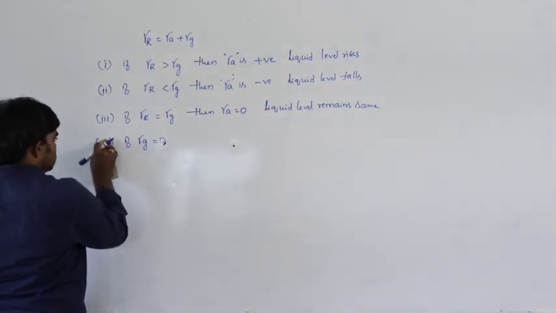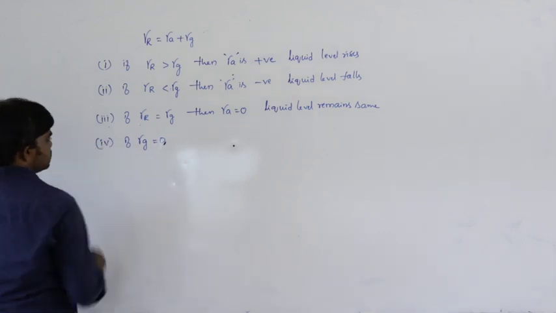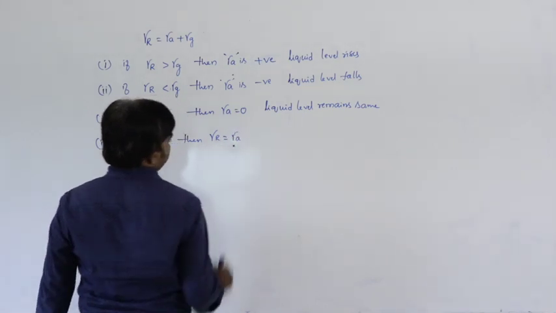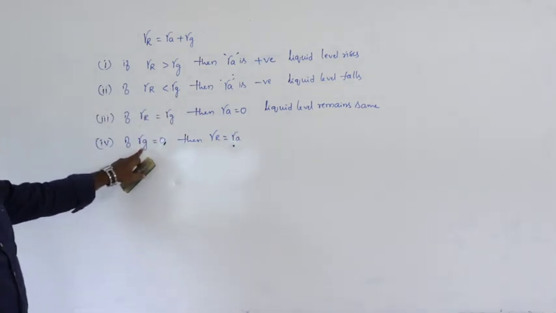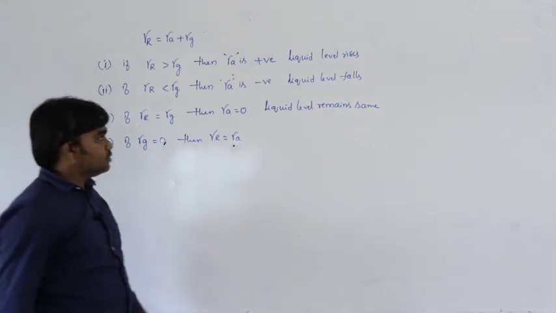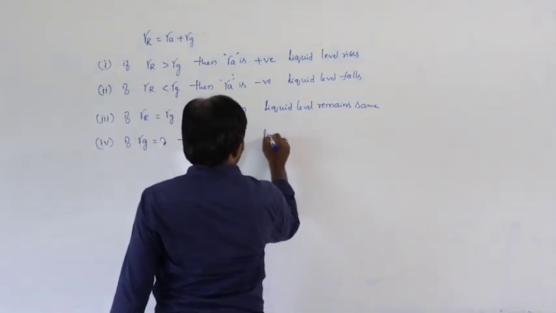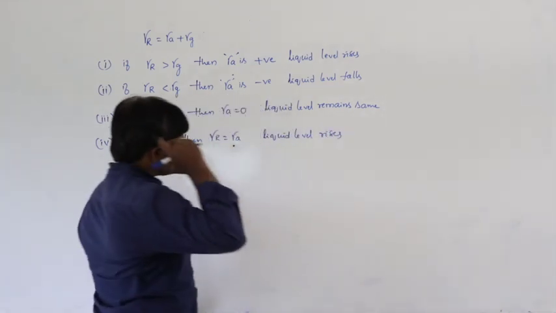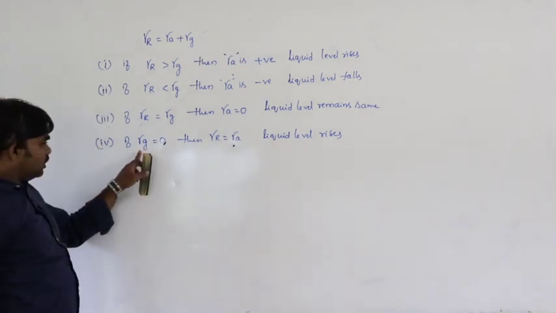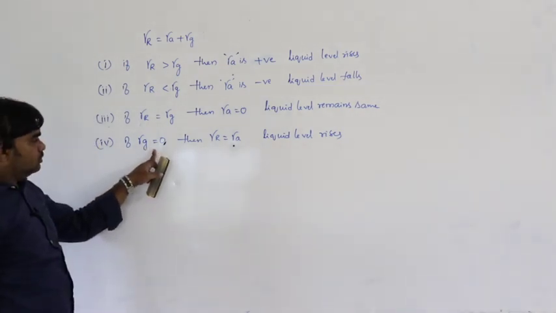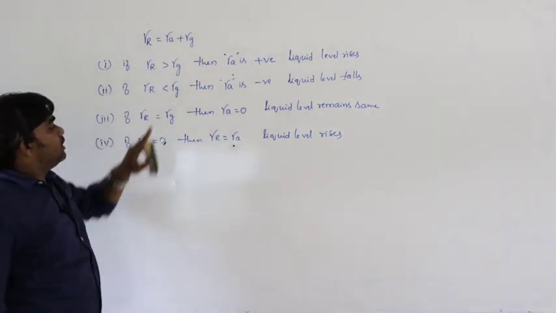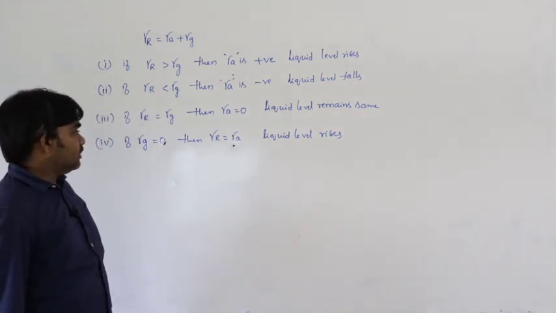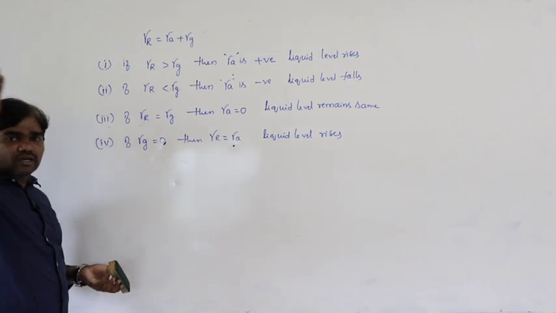If the expansion of the container is 0, then we can write gamma R is equal to gamma A. If gamma G is equal to 0, then gamma R equals gamma A, then the liquid level rises, because on heating it definitely rises.